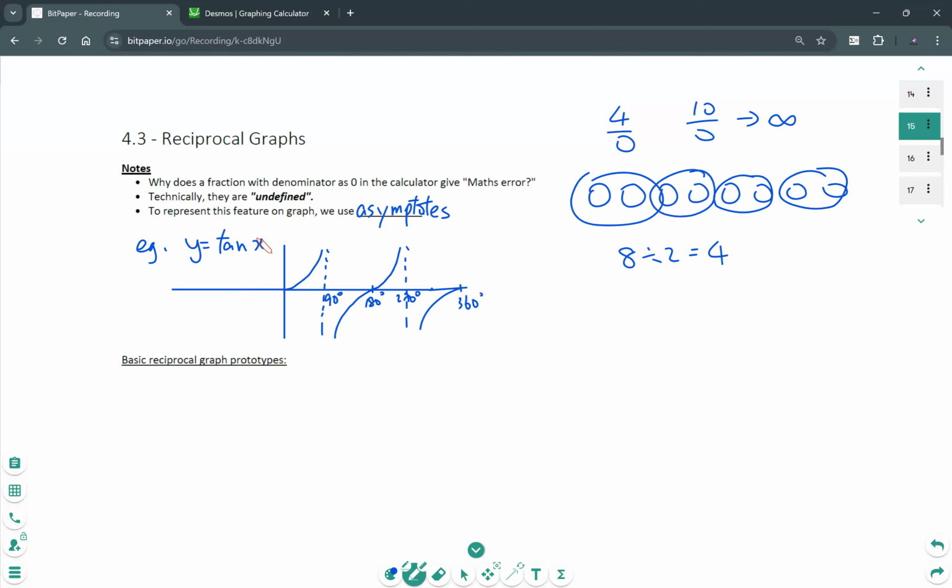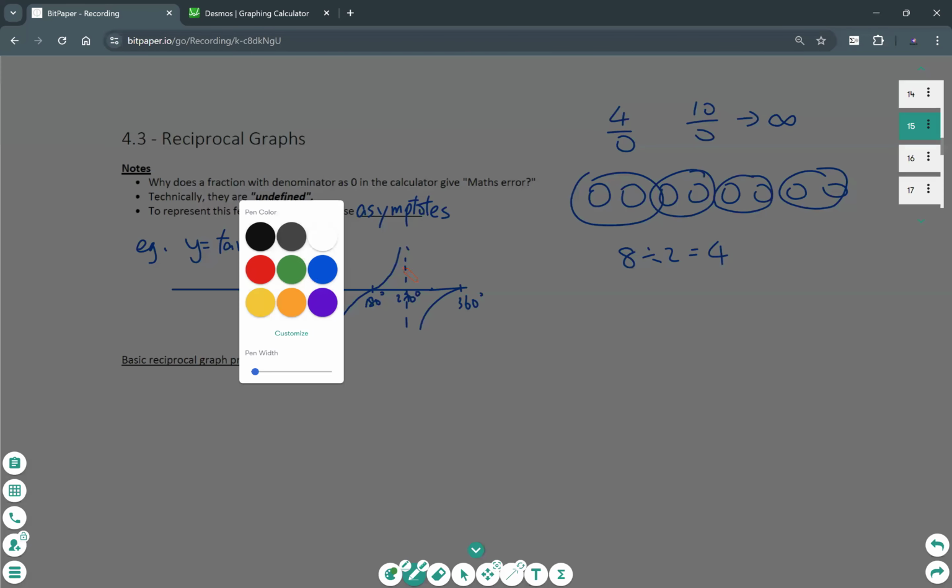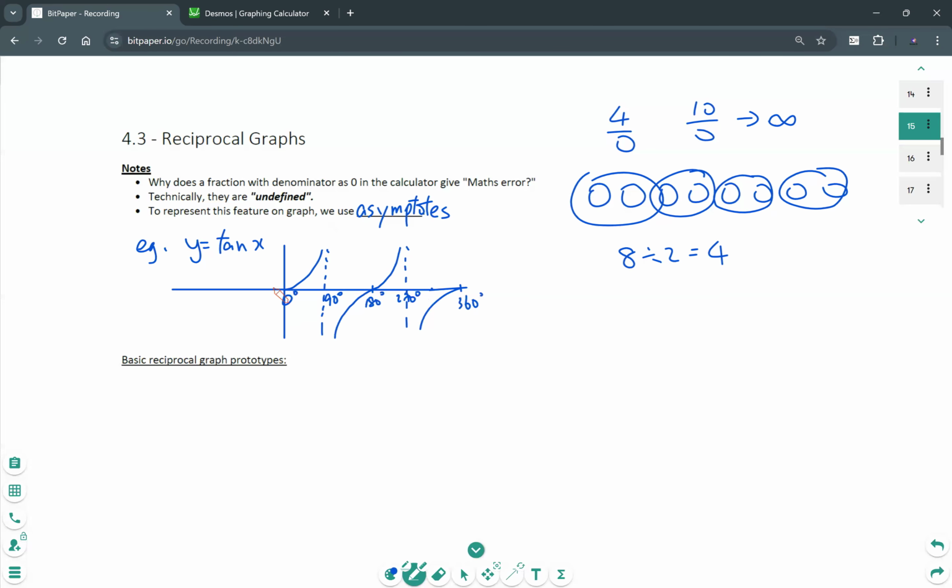That's the tan x graph. Now, in A level, if we go beyond 0 degrees to the left, we have negative degrees. So if you continue to draw the graph like this, we call this negative 90 degrees, and then we can continue the same.